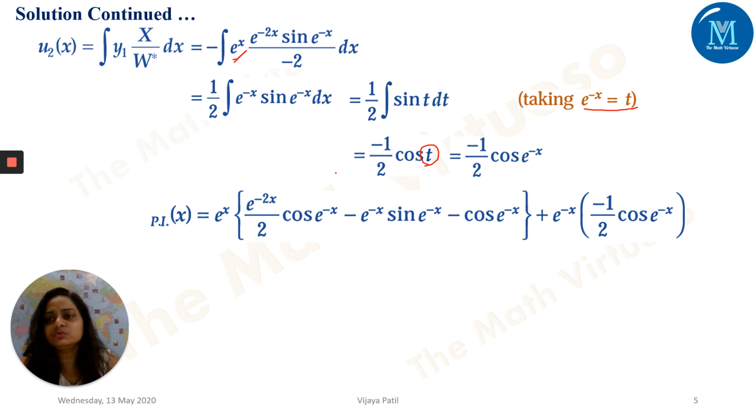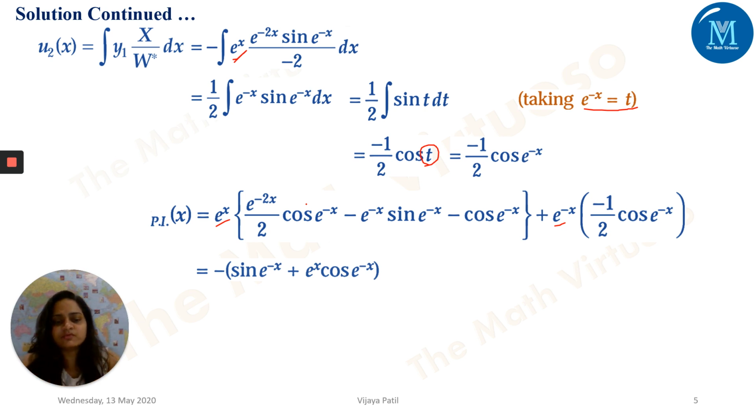After getting u2, we have written that yp is u1 y1 plus u2 y2, and we are just doing it here as this. If you observe here, this is my y1, this is y2, this is the u1 we have got, this is the u2, and yp can be simplified just by the multiplication of this e to the power x inside.